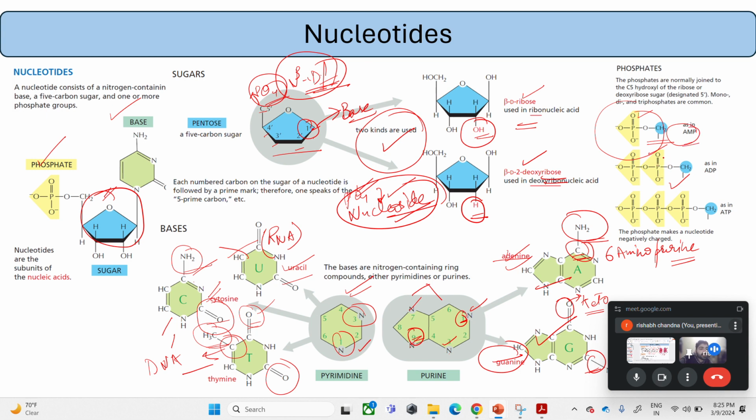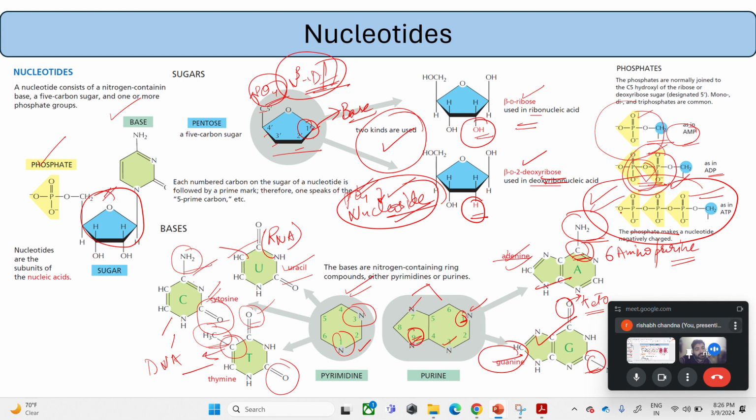For the energy molecule, the more phosphate groups added to these compounds, the more energy is stored in these bonds. This is ADP, the diphosphate. And then comes the triphosphate, the basic precursor for the synthesis of RNA or DNA during the transcription or replication process.